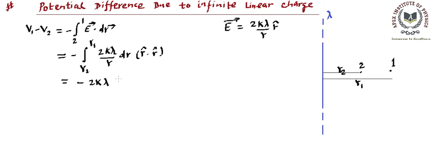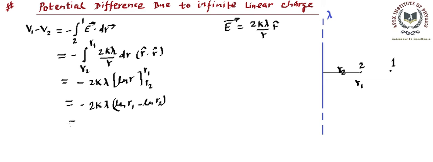We know the integration of 1 upon r leads to ln r, so this is going to be ln r, with limits from r2 to r1, which can further be written as minus 2k lambda times ln r1 minus ln r2, which we can write as minus 2k lambda ln of r1 divided by r2.